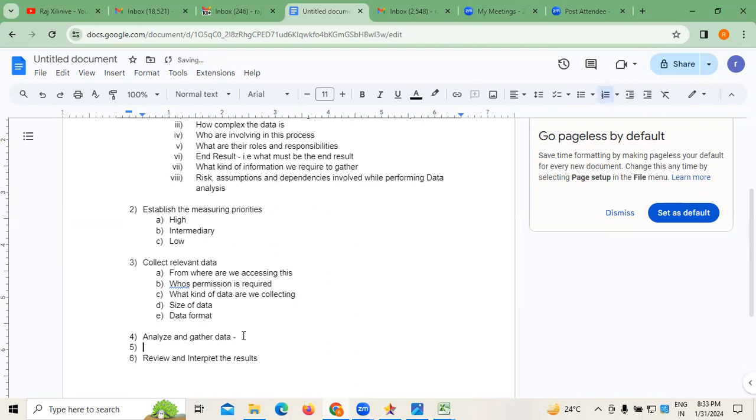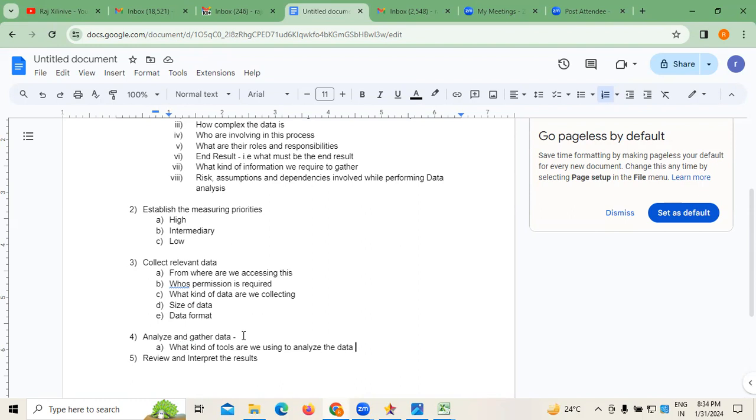What kind of tools are we using to analyze the data? Once we have collected and gathered all the relevant data, we have to decide what kind of tools we are going to use to analyze it.